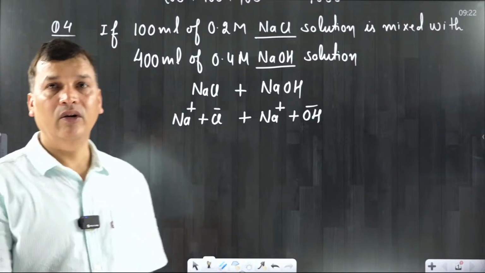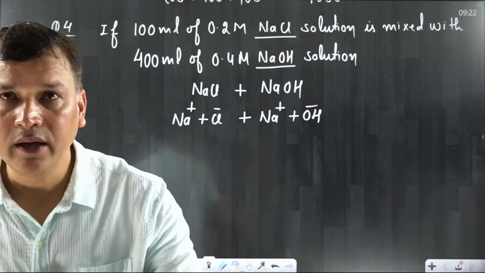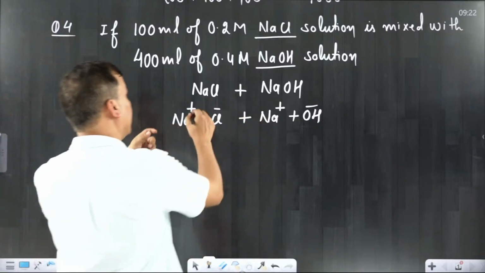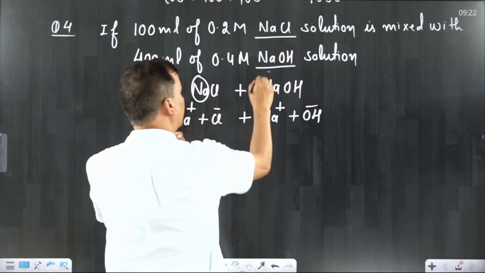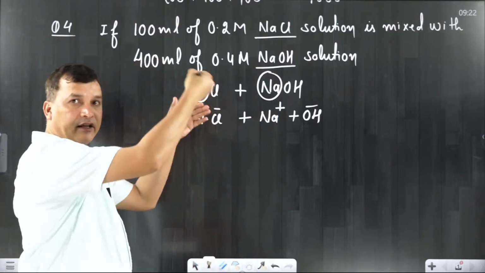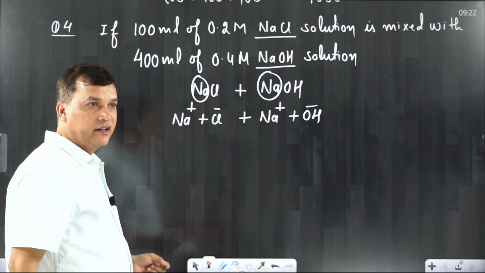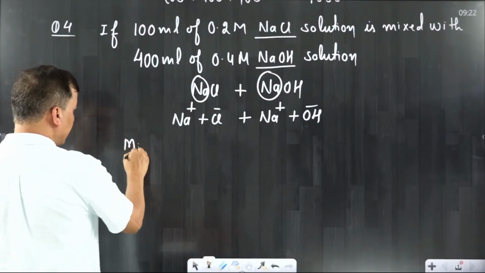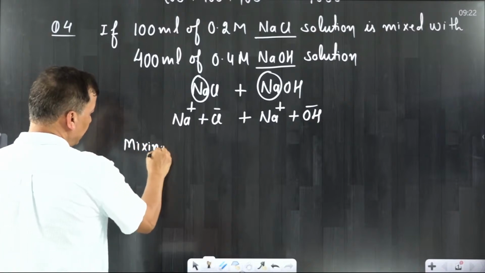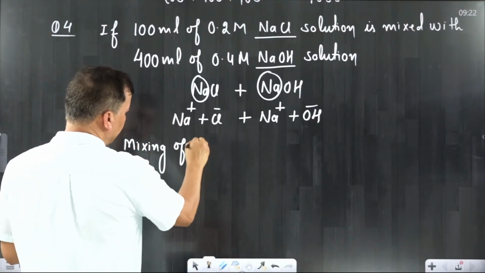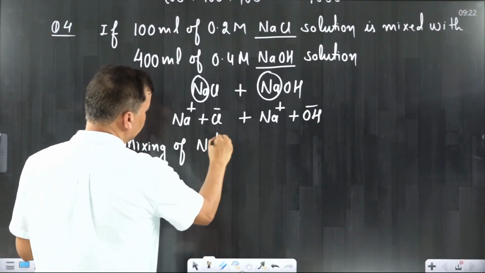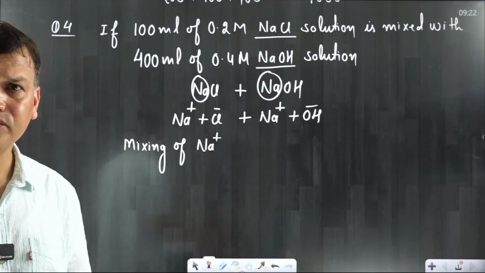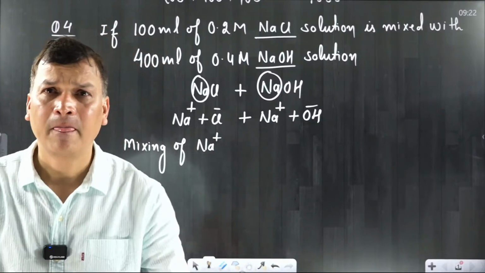Are you understanding or not? In both the solutions, which one is common? Sodium ion is common. These are mixed. Is that clear or not? So mixing will take place of which ion? Na positive. Is that clear or not? I think very common. Got it or not?